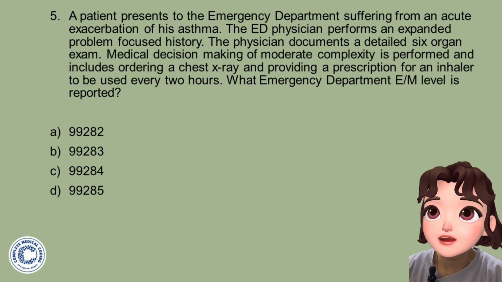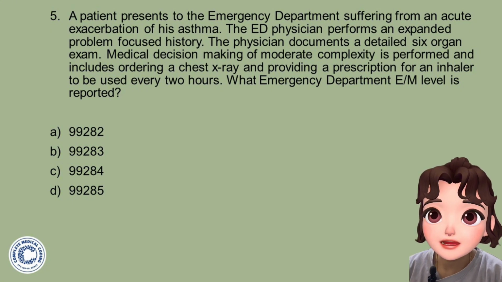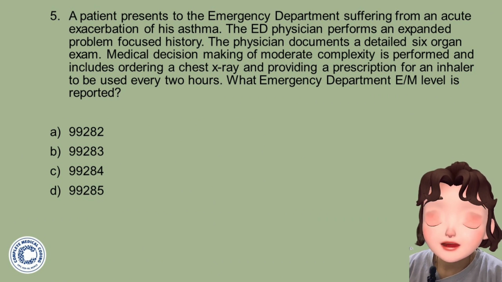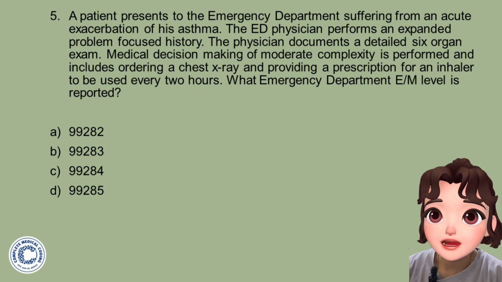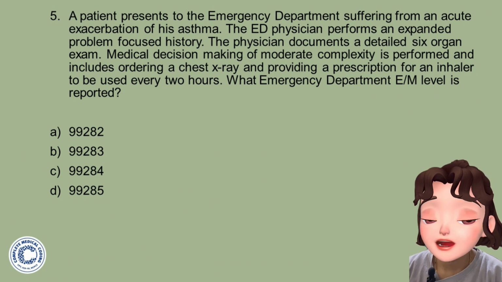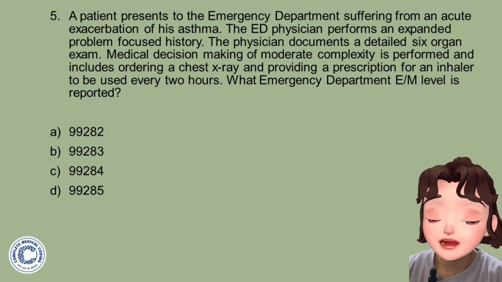So go to the next code, 99283. Here, same emergency department visit for E&M of the patient, which requires 3 key components: expanded problem focused history, expanded problem focused examination, and medical decision making of moderate complexity. This one we need. Still, look into the other 2 codes.